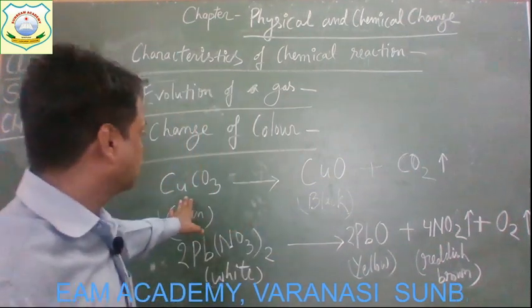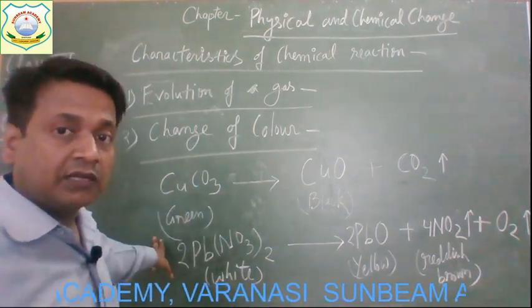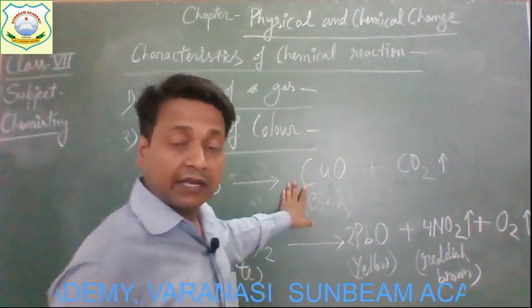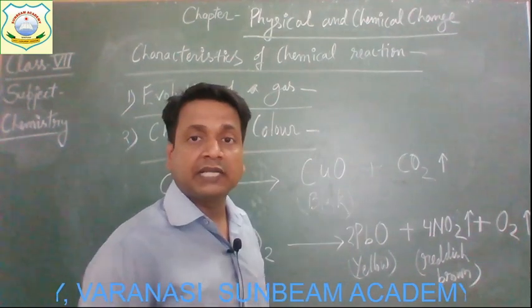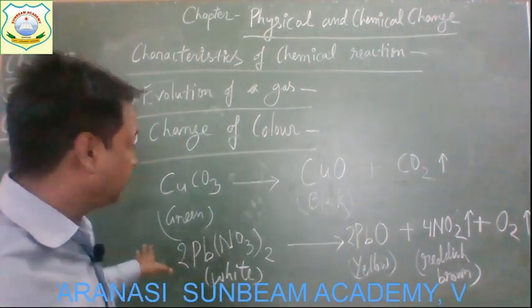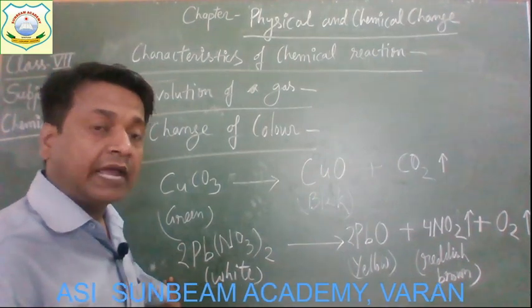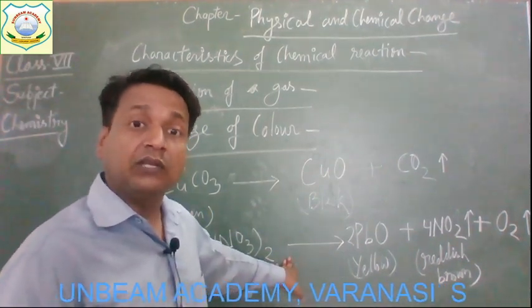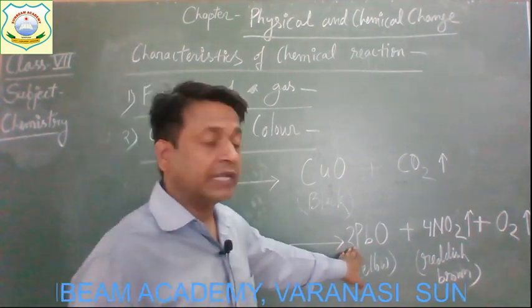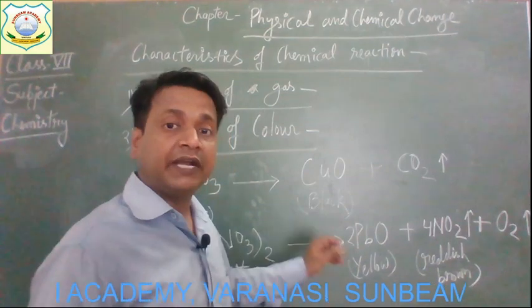In the first one, copper carbonate, which is green in color, after the reaction forms a black colored residue, that is copper oxide, and carbon dioxide gas is released. In the second example, lead nitrate, which is white in color, when strongly heated forms a new product, lead monoxide, which is completely different in color.